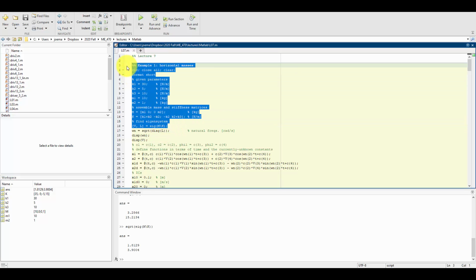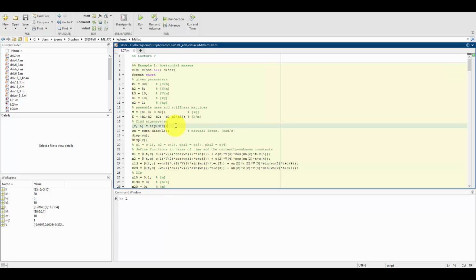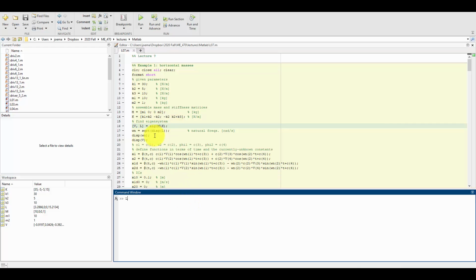Let me run up to here and we can see what we get. That second argument out of eig finds what we call the eigensystem, which is the eigenvectors and then the eigenvalues. So the L coming out on the left-hand side is a diagonal matrix of my eigenvalues. This is exactly what we just found.